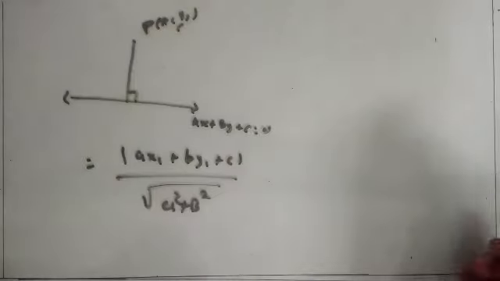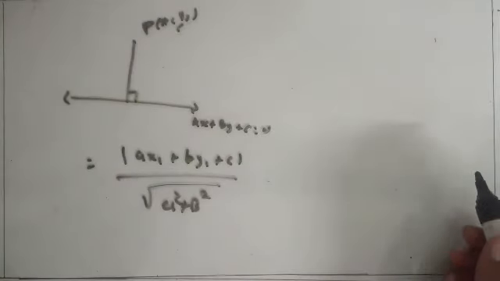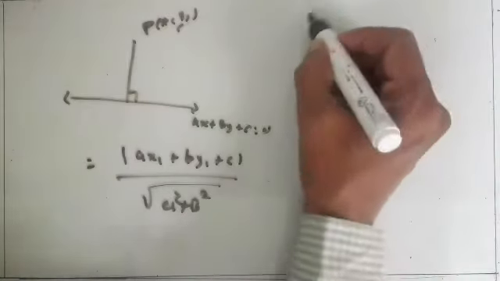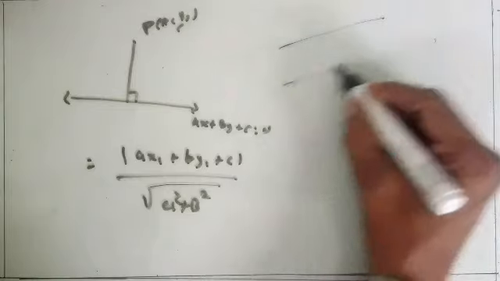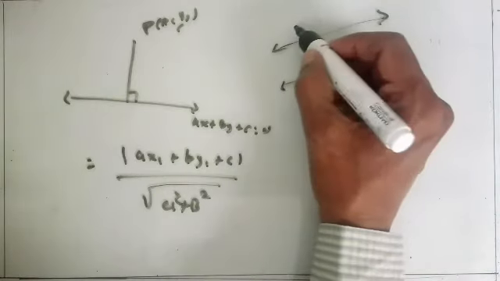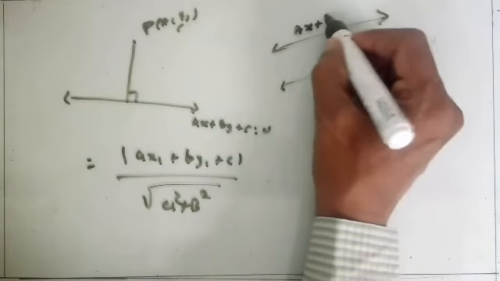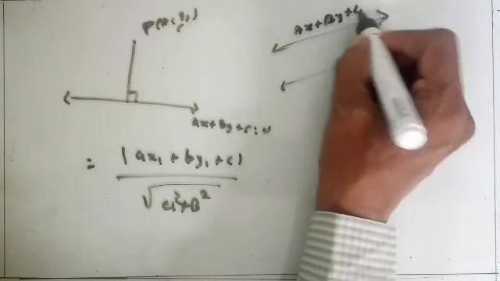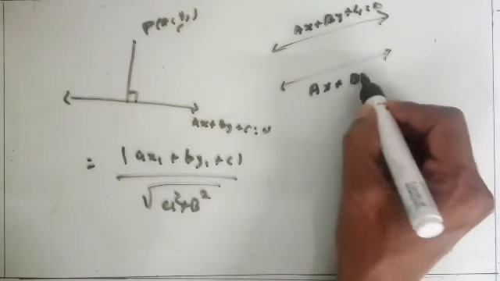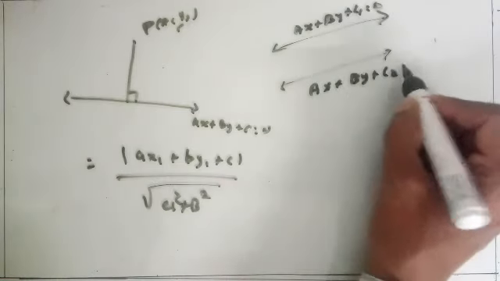Similarly, the distance between two parallel lines. If we have two parallel lines, ax plus by plus c1 equal to 0 and ax plus by plus c2 equal to 0.